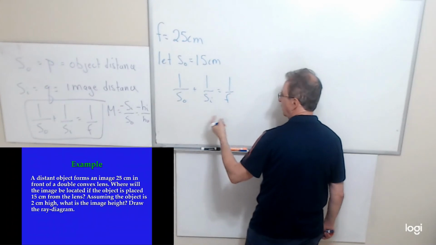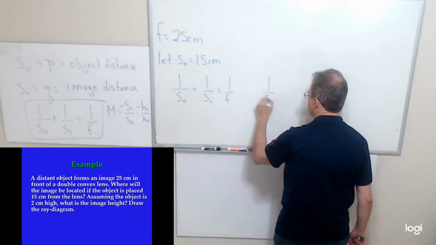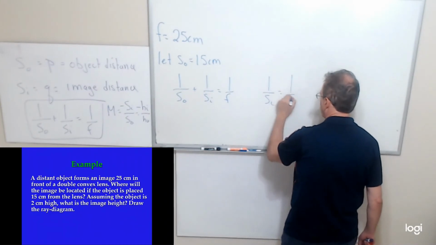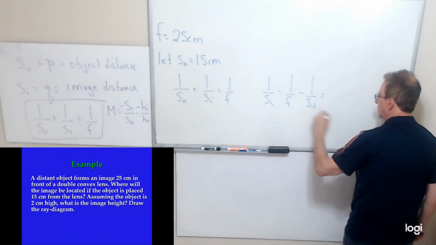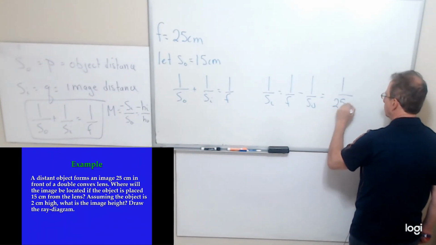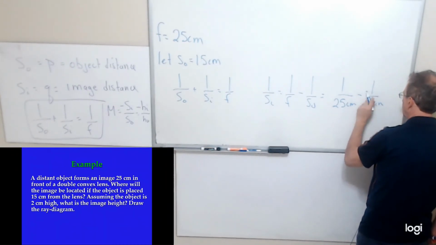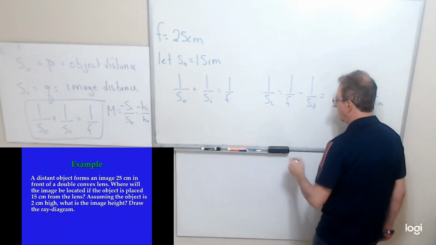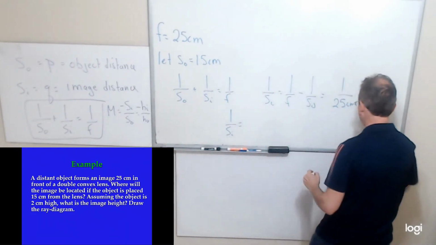And without putting the numbers in, I can just solve this for 1 over S_i. So I put in 1 over 25, like so. And again, I'm going to get a common denominator of 75.